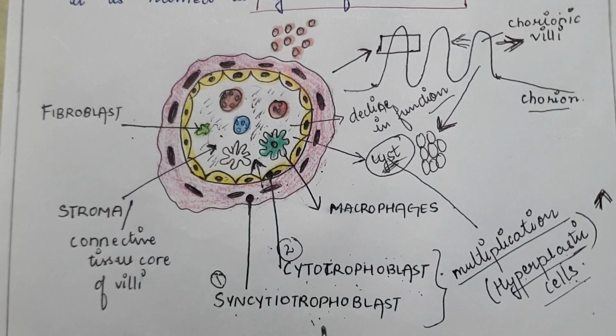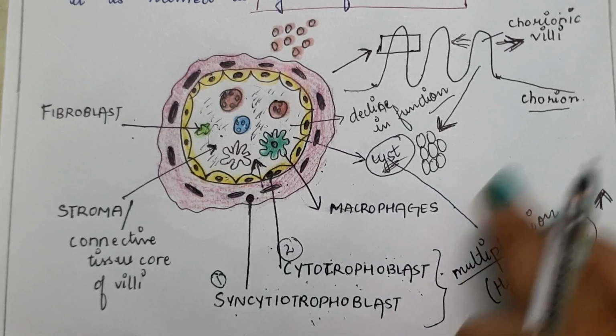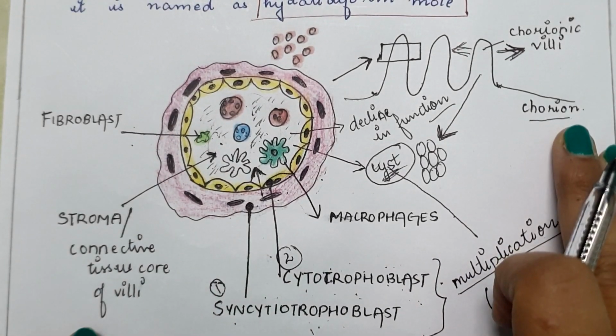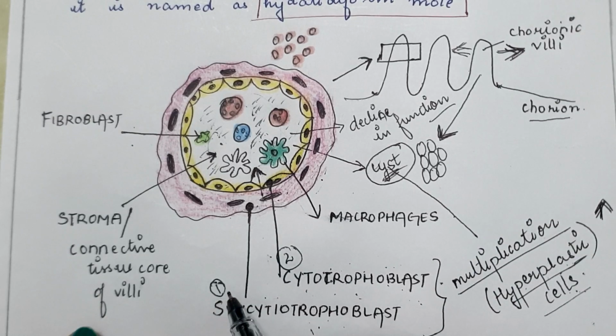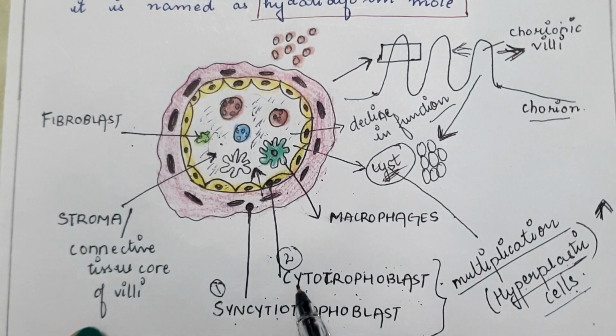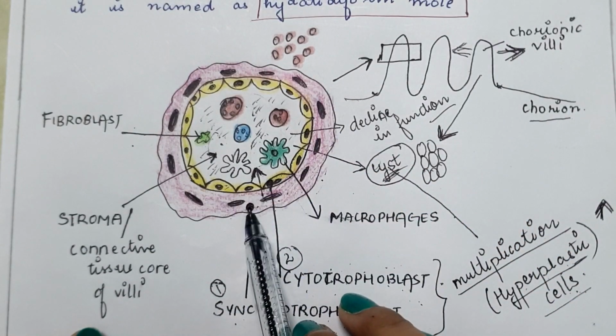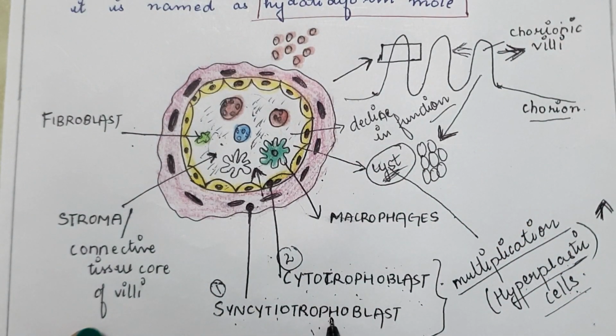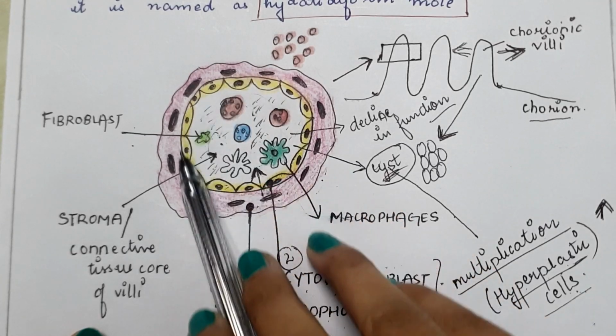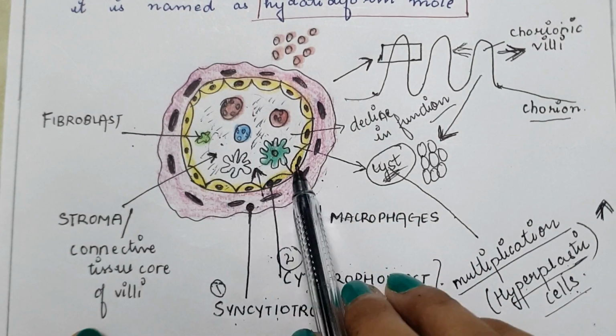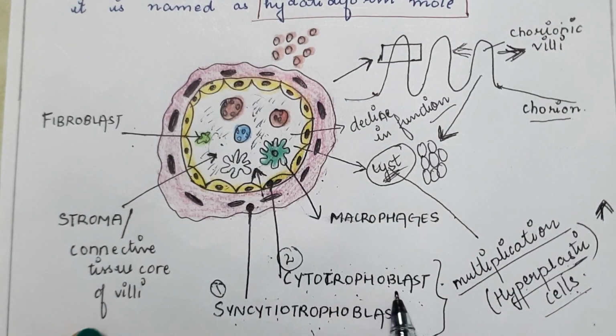As you can see in this diagram of the chorionic villi, which consist of trophoblast cells, which are of two types: the first one is syncytial trophoblast and the second one is cytotrophoblast. The outer layer of chorionic villi is made up of cells known as syncytial trophoblast, and below the syncytial trophoblast there is a layer of cells known as cytotrophoblast cells.